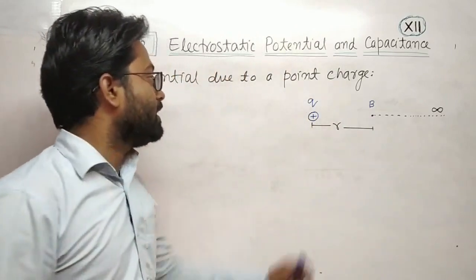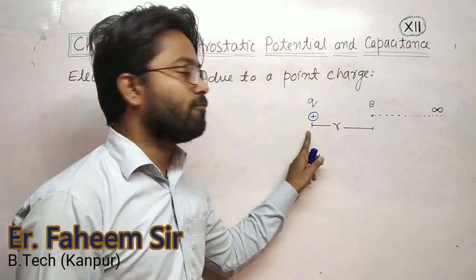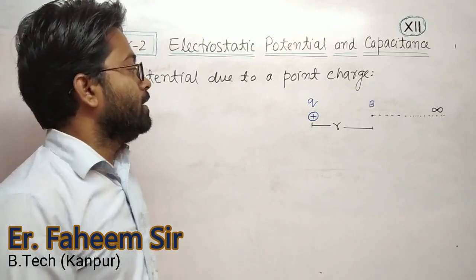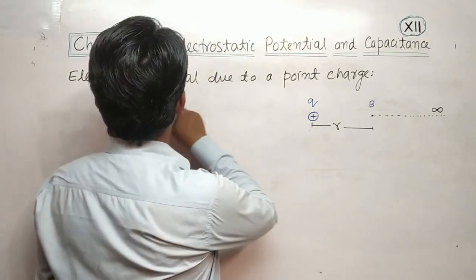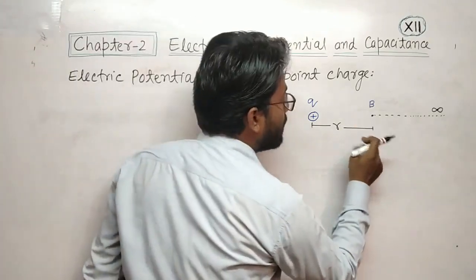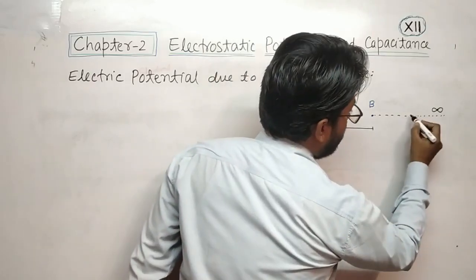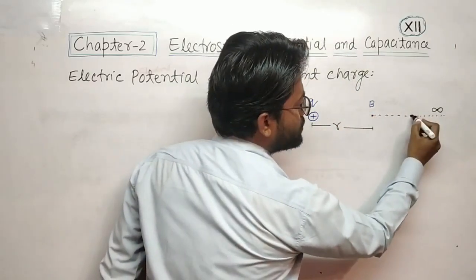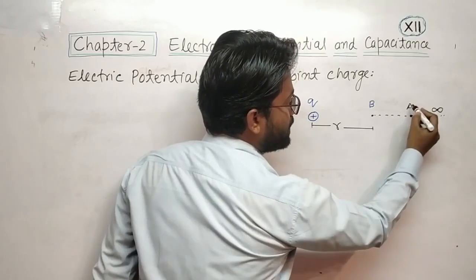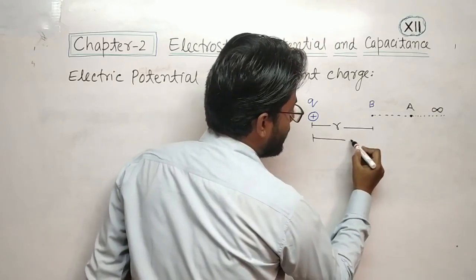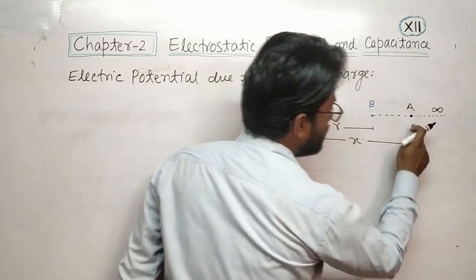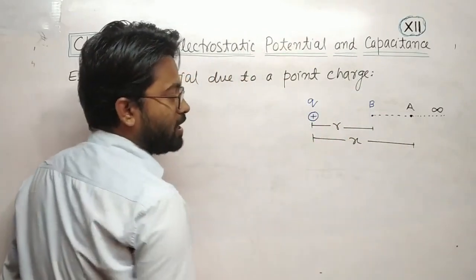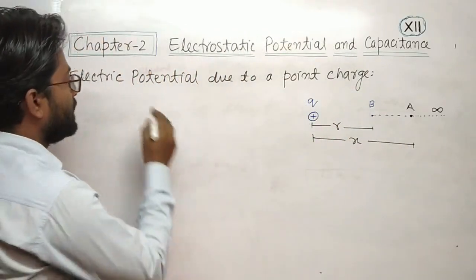The particular point is at a distance of r from the stationary charge. Let us suppose the charge is coming from infinity to B, and at any general point A, the distance from the stationary charge is x.